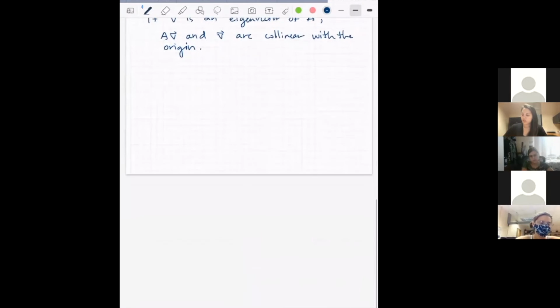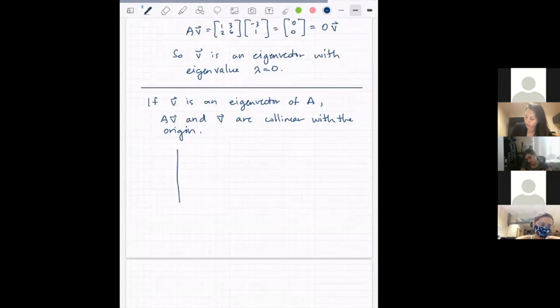Okay, so let's look at a picture. Say we're in R2, we have our origin right here, and we have some vector v.